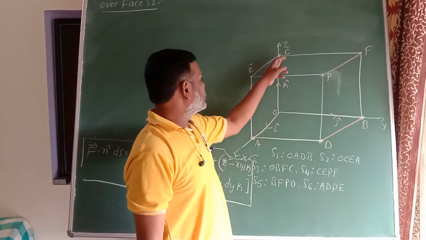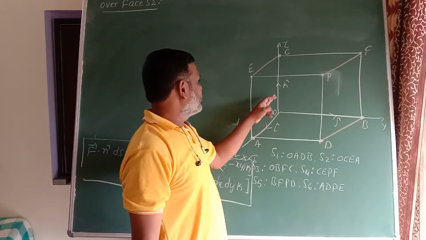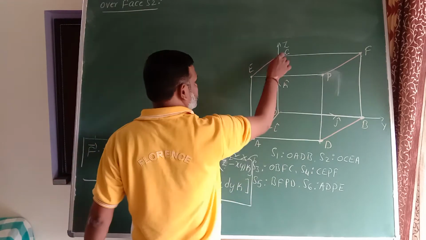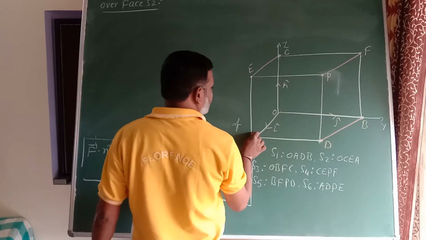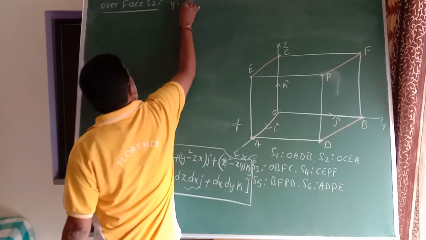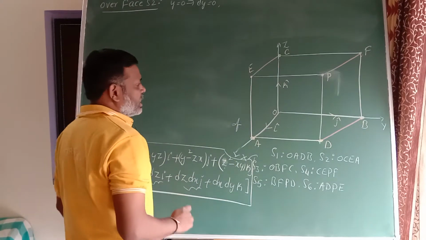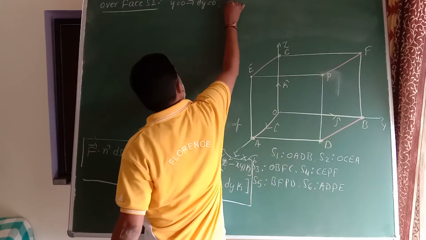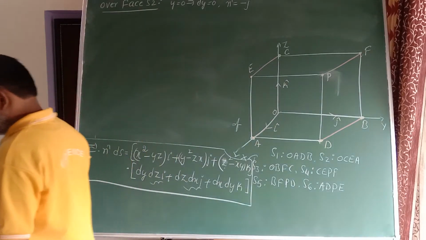Here the x coordinate is there, the z coordinate is there, and y is opposite here in OCEA. Here there is absence of y. Therefore y is equal to 0, which implies dy is equal to 0. And very importantly, y appears in the back side. Therefore n cap is equal to minus j here in the second face.